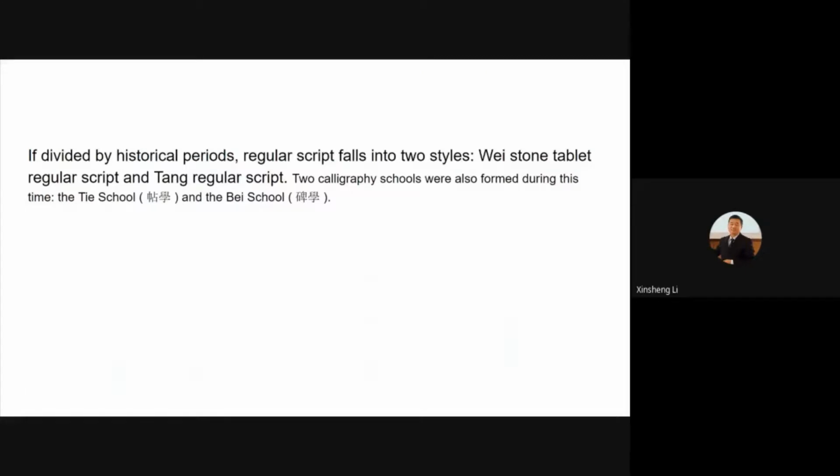If divided by historical periods, regular script falls into two styles: stone tablet regular script and tie regular script.